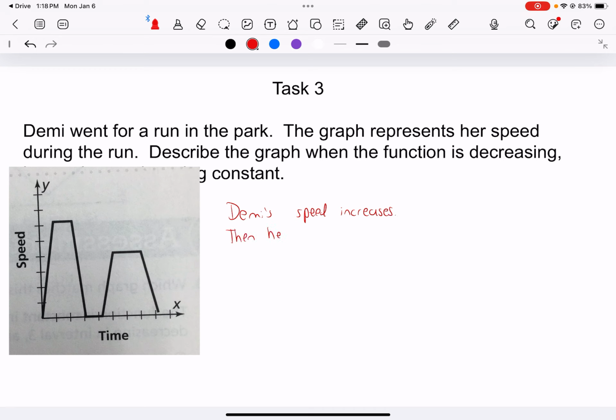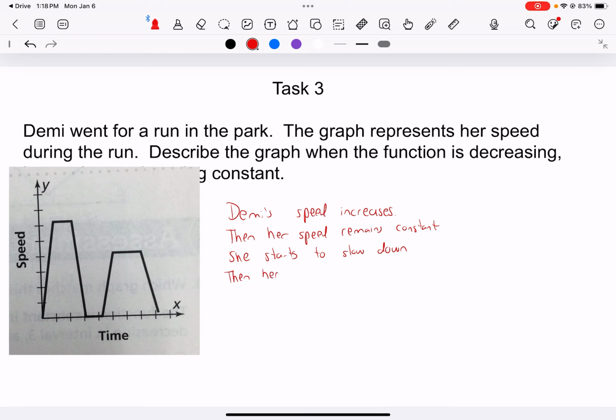Then her speed remains constant. After it stays constant for a long time, she starts to slow down, meaning her speed decreases.